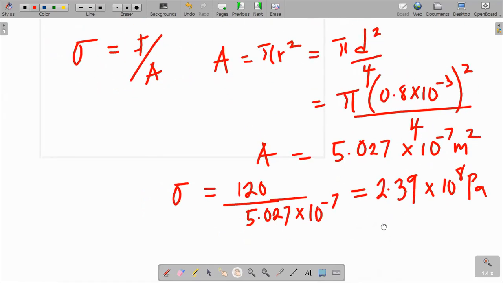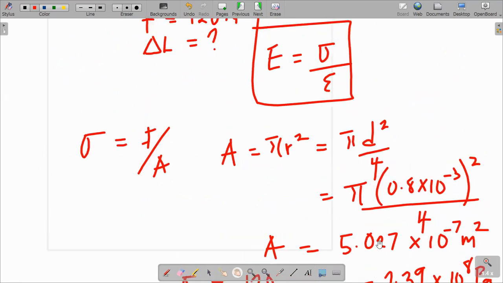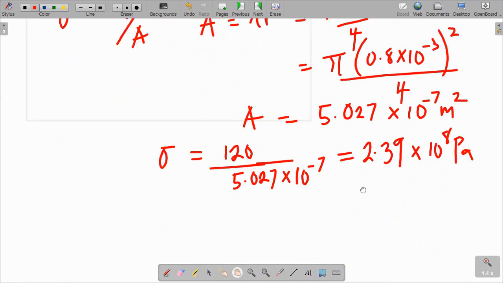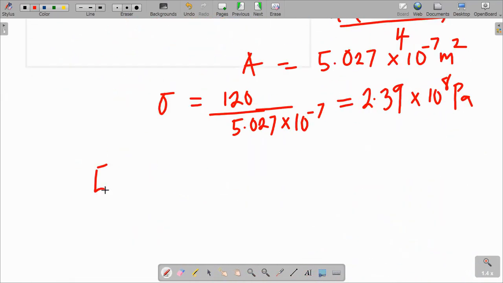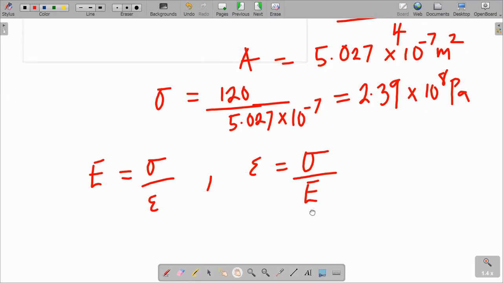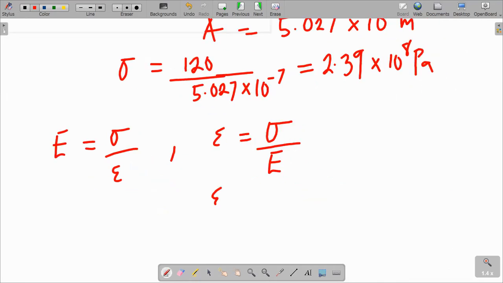Now we know our stress, so we can go on to solve for the strain. Remember, we said that the Young modulus E is equal to the stress divided by the strain. So if we make the strain the subject of the equation, we're going to have the strain equal to the stress divided by the Young modulus. Now the strain is equal to the stress we got as 2.39 times 10 to the power of 8 divided by the Young modulus.